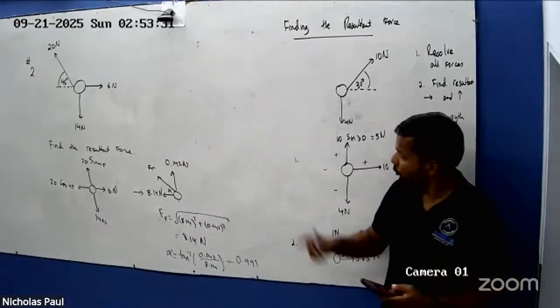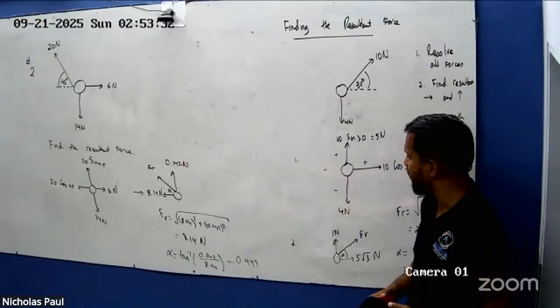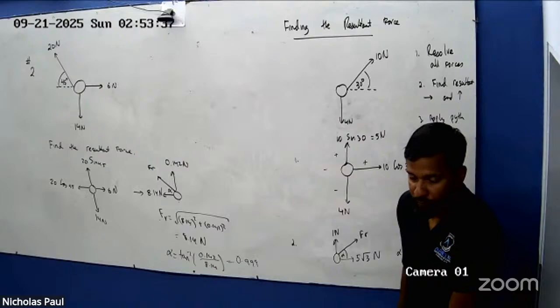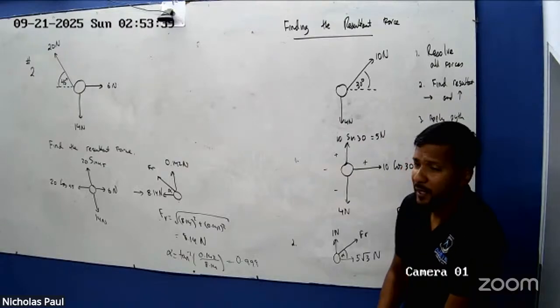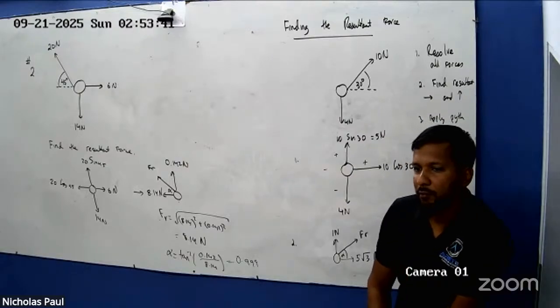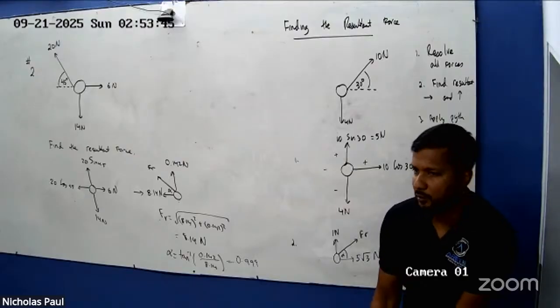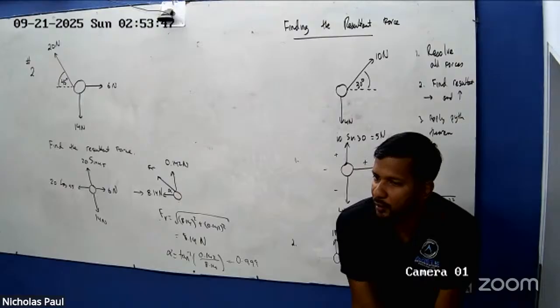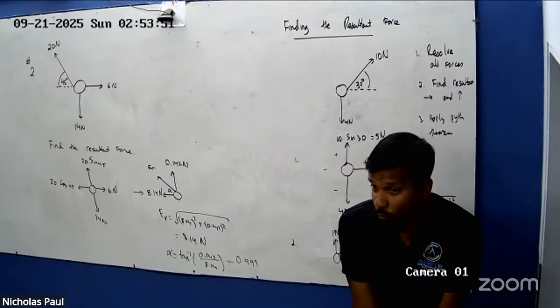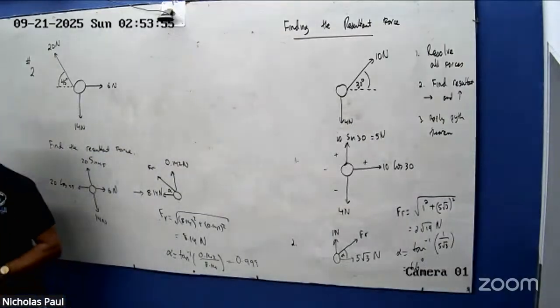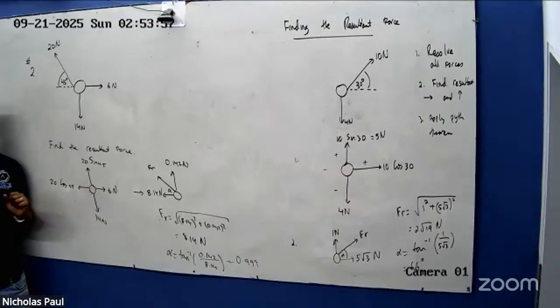Right, we'll do some more just now, but I wanted to take a small little note here. What does the word equilibrium mean? And in terms of resultant, what does equilibrium mean? Resultant is zero, right? So if I said that an object is in equilibrium, it means that when you work out, the resultant is zero.